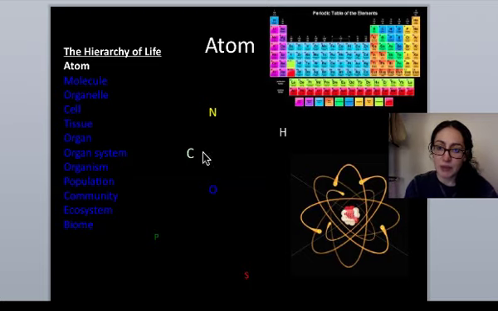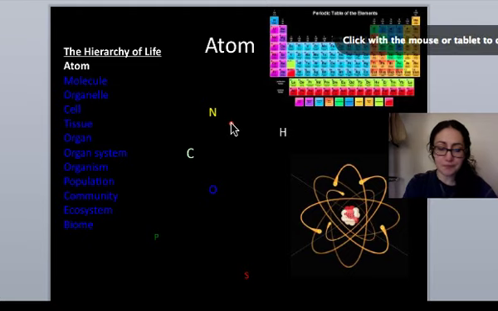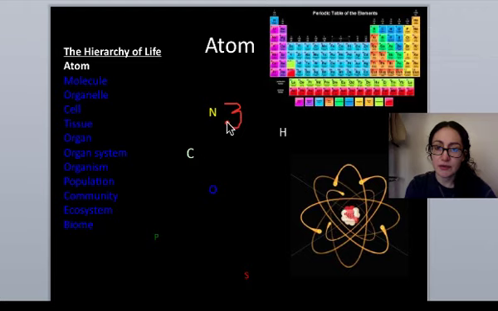I just want to review the types of bonds that each of these atoms can form. For nitrogen, 3 bonds. Hydrogen, 1. Oxygen, 2. Probably you could do the rest if you remember. Carbon, 4. So it's 2, 1, 2, 3, 4 in that order.